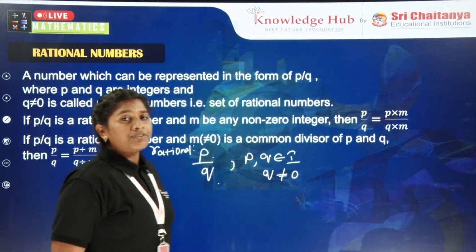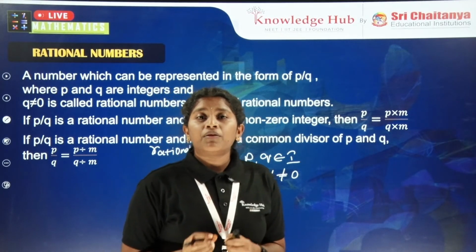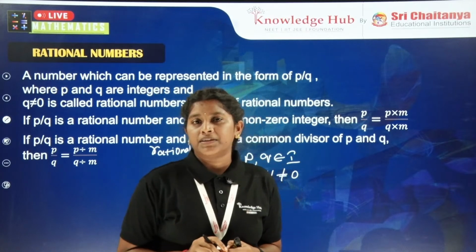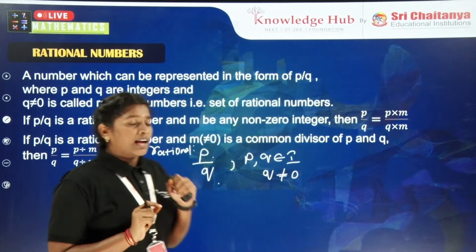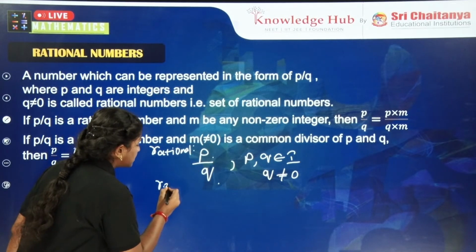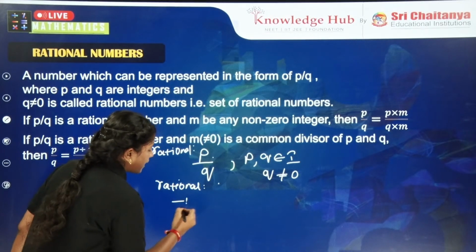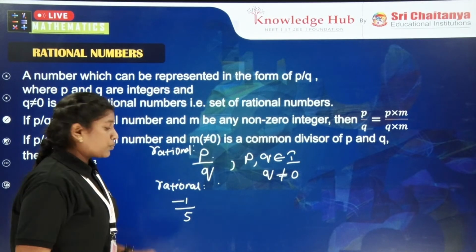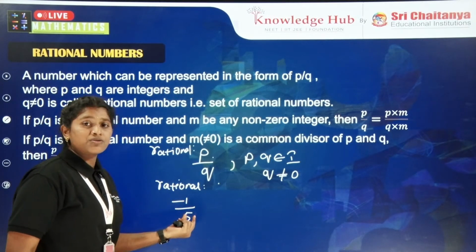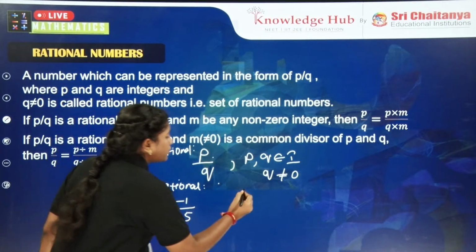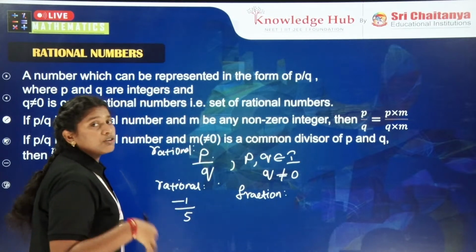Another point: mostly when we talk about rational numbers, one thing comes to mind, that is fractional numbers. The difference between fractions and rational numbers is, if I want to represent a rational number, I can use any integers, like minus 1 by 5, where minus 1 and 5 belong to the integers and the denominator 5 is not equal to 0. But a fraction is a part of a whole.